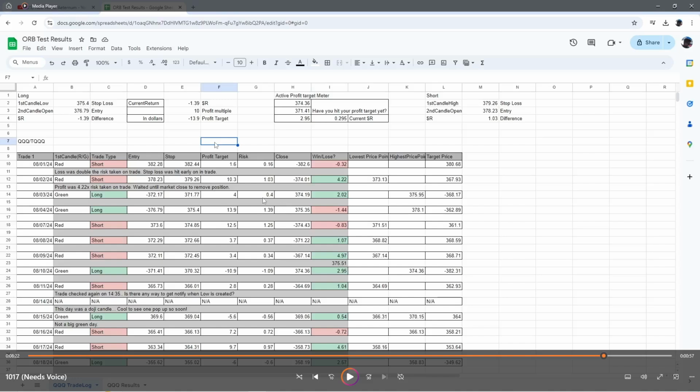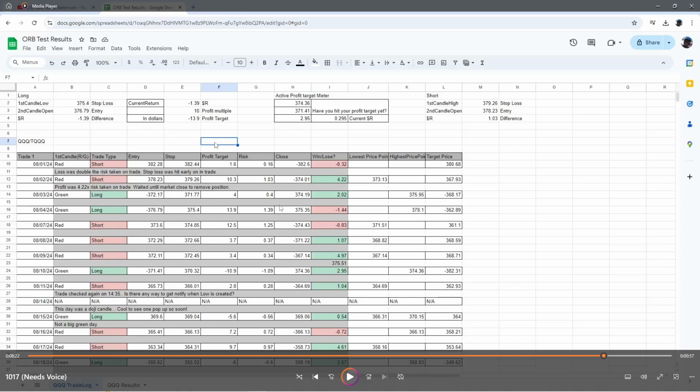We have the risk is the difference between the two. So that gives us our 0.4, our 40 cents, which is give or take. Entries, there's some slippage, but our risk is defined here, and then we're going for a 10x profit multiple. So we have it right here as going to be $4.